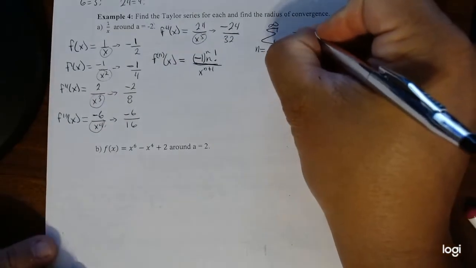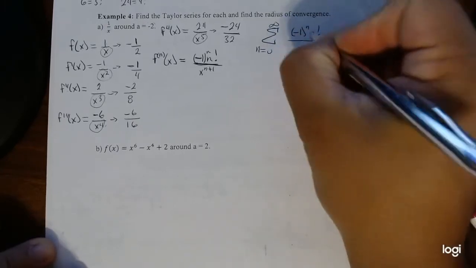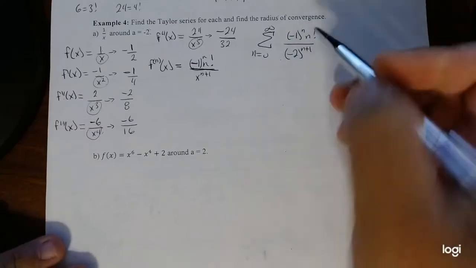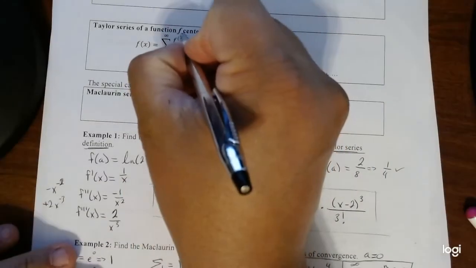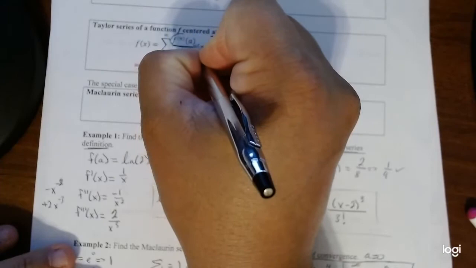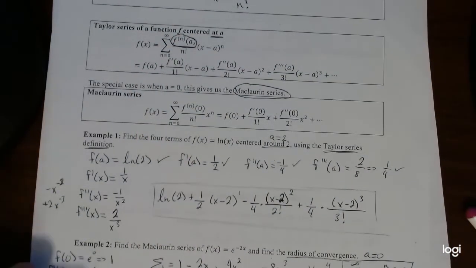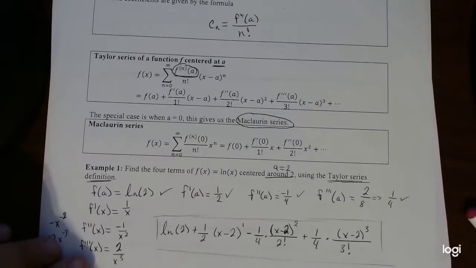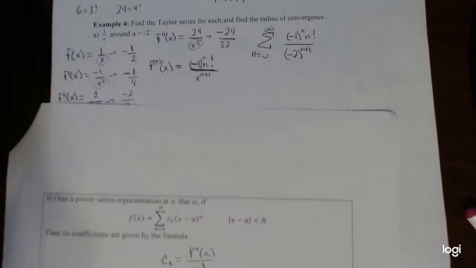So it'll be negative 1 over negative 2 to the n plus 1. Okay, so this whole thing is just this. That's it. So what we just did was find the nth derivative of our Taylor series. Hence the reason it's just that.